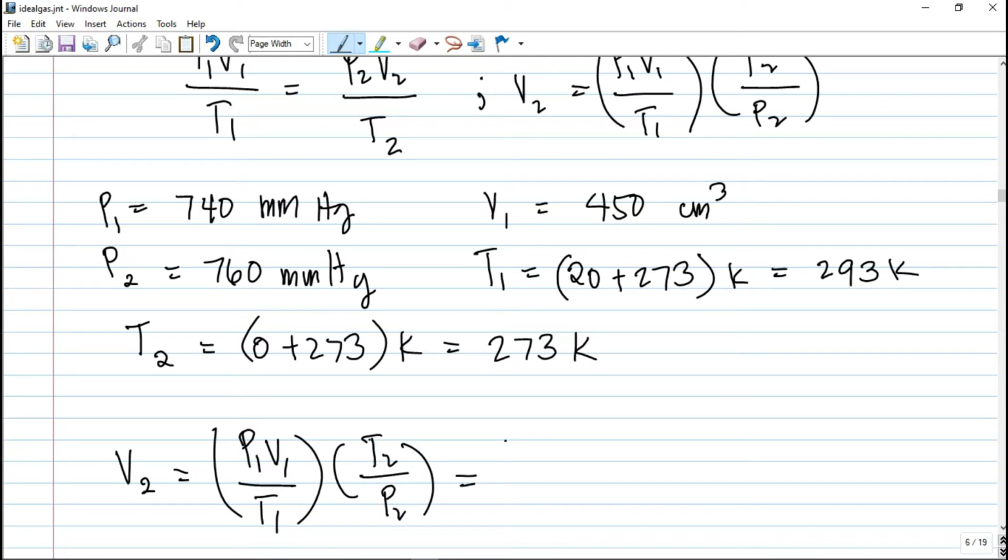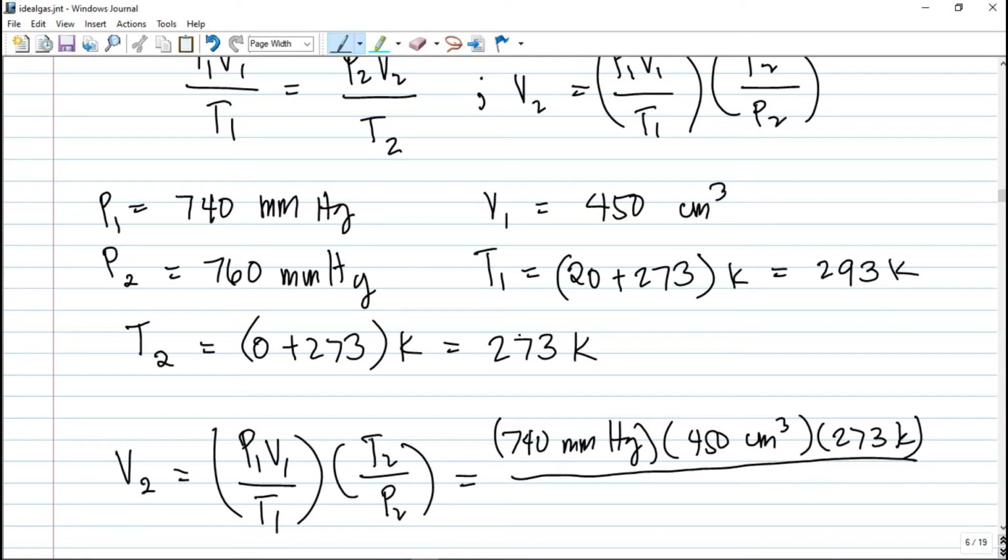So P1 here is 740 millimeters of mercury times V1, that is 450 cubic centimeters, times T2, that is 273 Kelvin, then all over T1, that is 293 Kelvin, then P2 is 760 millimeters of mercury.